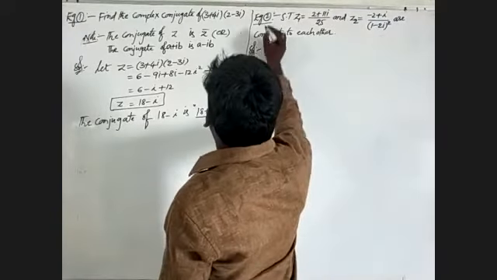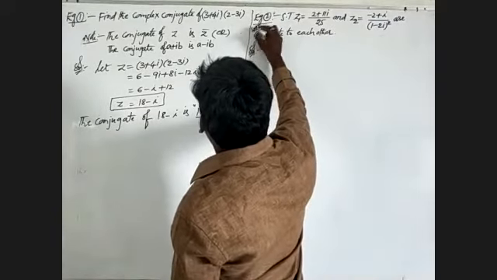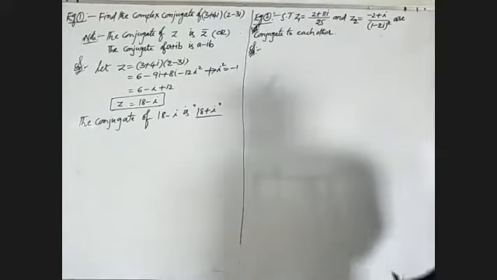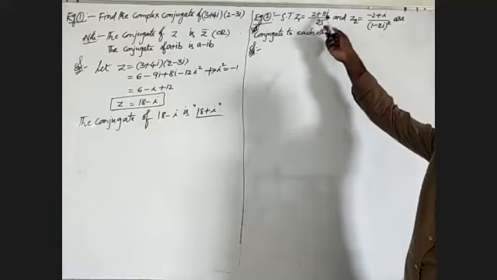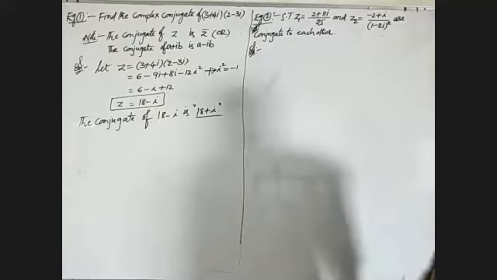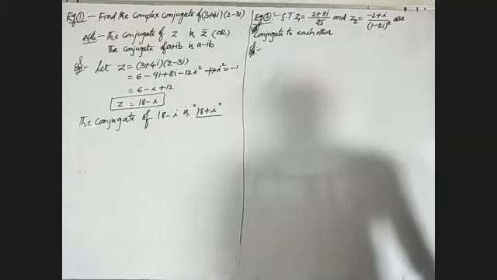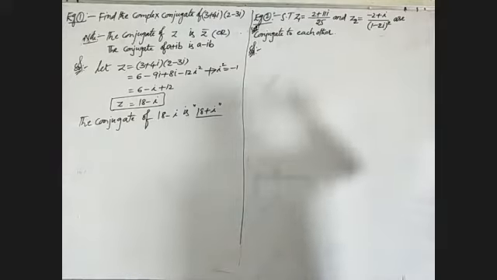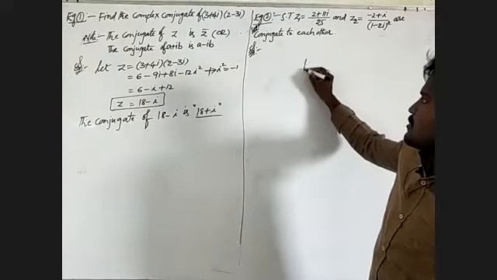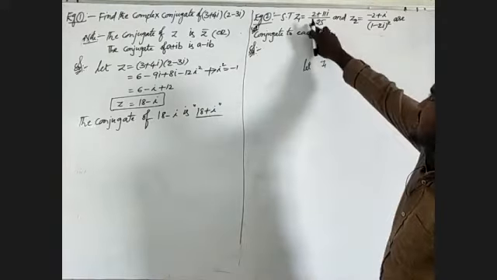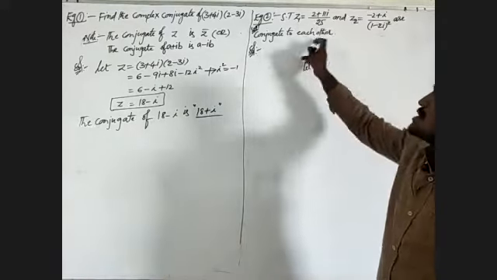This is most important for 4 marks. What is asked in this one? Show that Z1 = (2 + 11i)/25 and Z2 = (-2 + i)/(1 - 2i)² are conjugate to each other.